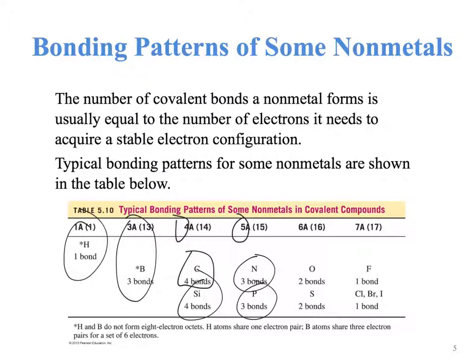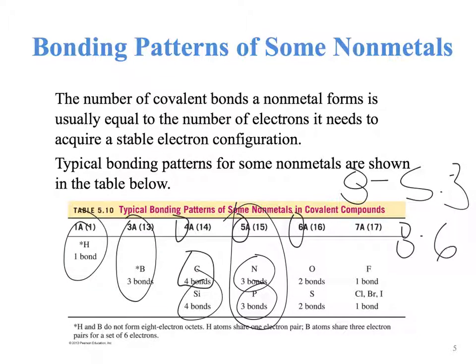Nitrogen and phosphorus are in group 5, and then you do 8, because it's the octet, minus 5, that gives you 3, so these like to make 3 bonds. Oxygen and sulfur are in group 6, you do 8 minus 6, that gives you 2, so they like to make 2 bonds. And then all these are in group 7, so you do 8 minus 7, which gives you 1, they like to make 1 bond.